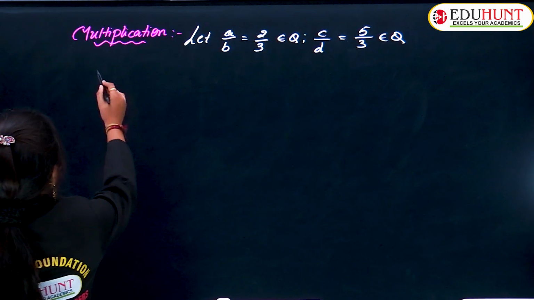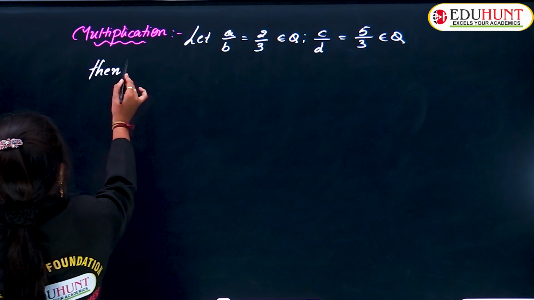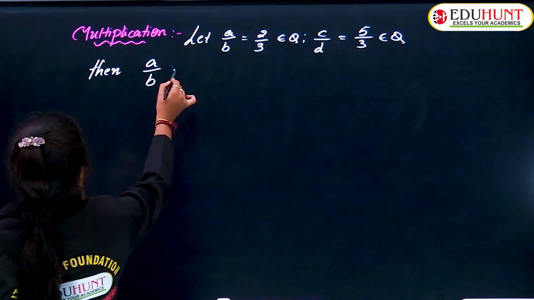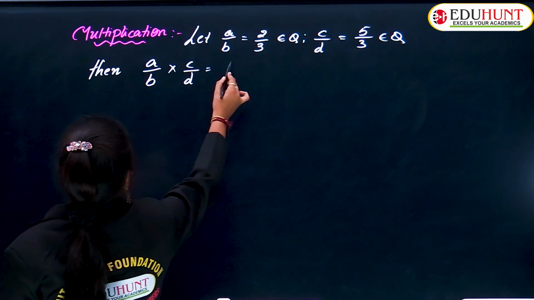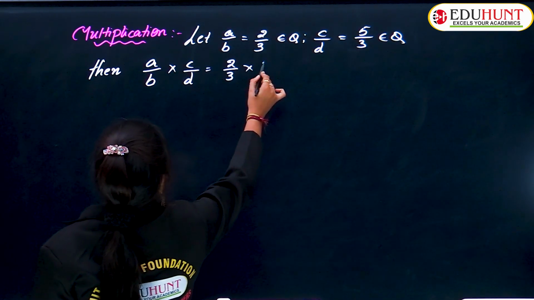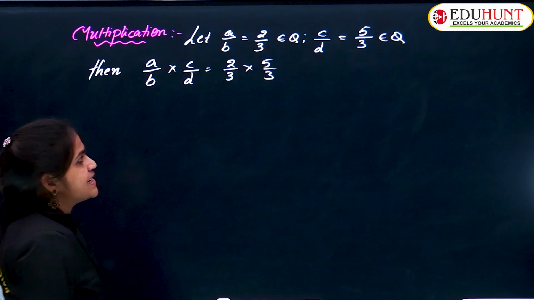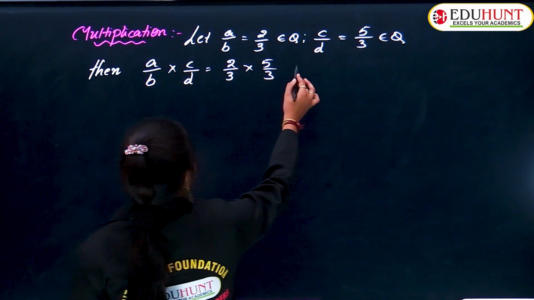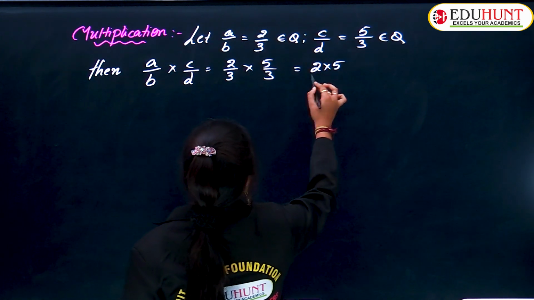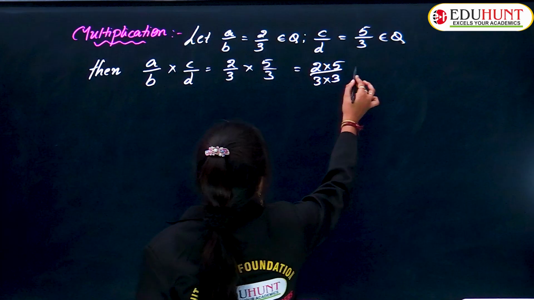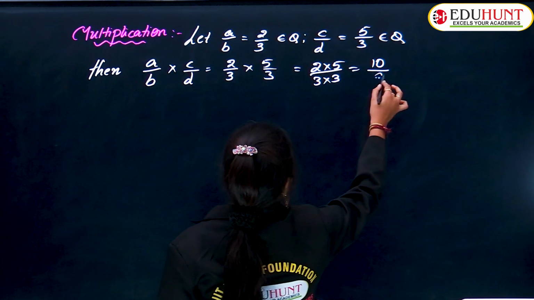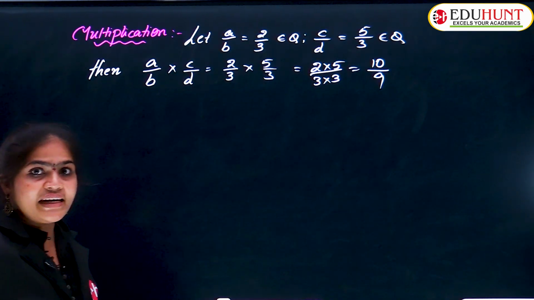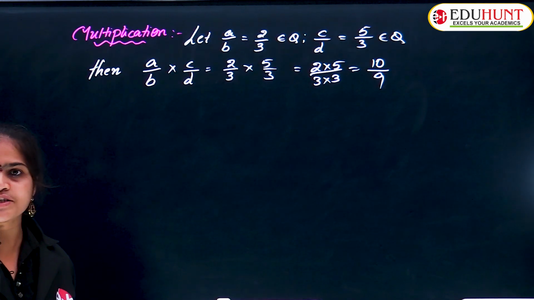Then a/b into c/d equals 2/3 into 5/3. Is cancellation possible anywhere? Cancellation is not possible, so directly take the product of numerators and the product of denominators. 2 times 5 is 10, 3 times 3 is 9. 10/9 is a rational number or not? Of course, that is a rational number.